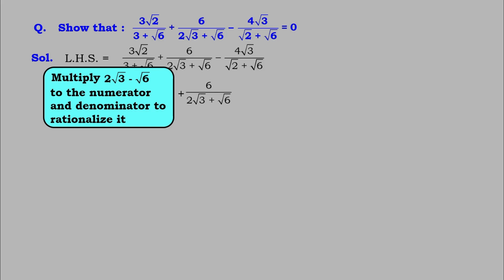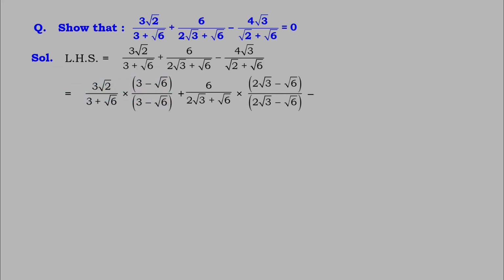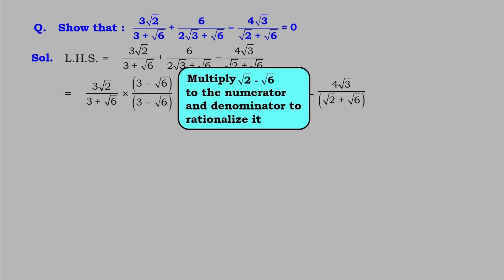Then we will take the next set and we will multiply 2 root 3 minus root 6 in both numerator and denominator to rationalize it. Then we will consider the next set and multiply root 2 minus root 6 in both numerator and denominator to rationalize it.